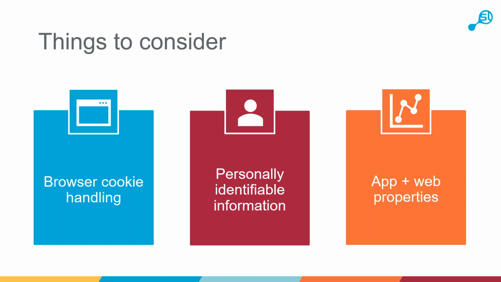So those are all the examples of activation. There are a few important things to consider in all of this. First, browser cookie handling. In this day and age, privacy is paramount, and there are advancements in browser technology in terms of how they handle cookies.